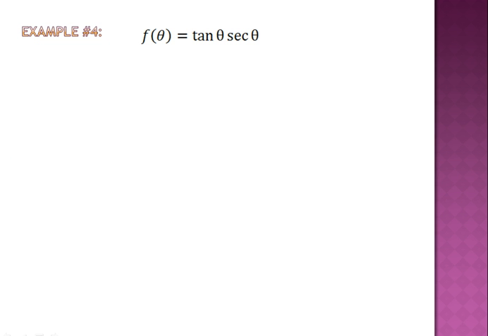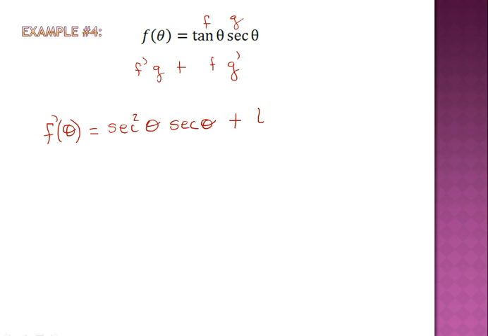Let's do another trig function. So this time you can see we have a product. So we're going to look at this in the form of two functions multiplying each other, and we're going to use our pattern: derive the first, leave the second alone, add, leave the first one alone, derive the second. So finding my f prime of theta, I have the derivative of tangent is secant squared, and I leave my original secant, this is my g, I leave it alone, then I add, and I leave tangent alone, and I derive secant, which derives as the product of secant tangent.